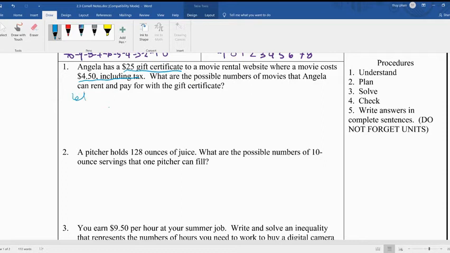So when we set up our inequality, we're going to say let m equal the number of movies. And our inequality is $4.50 m is less than or equal to 25, because we are maxed at 25. To solve for this, we're going to divide both sides by 4.5.